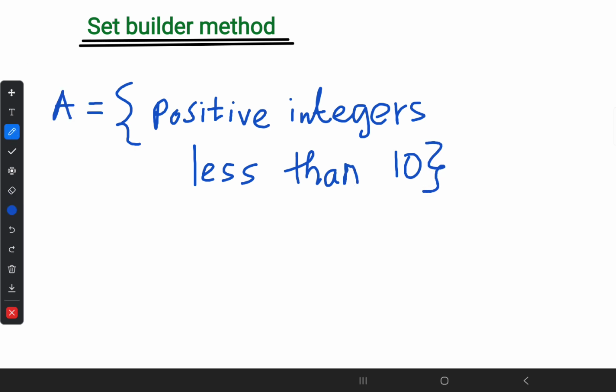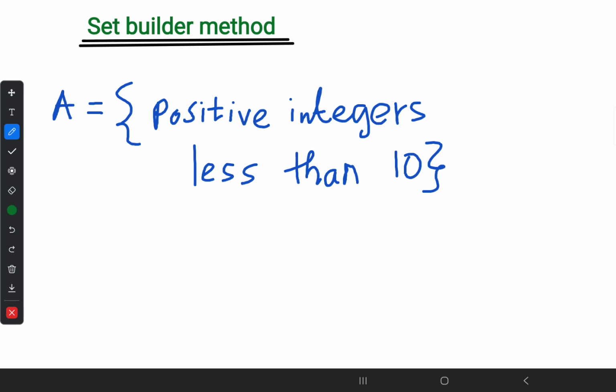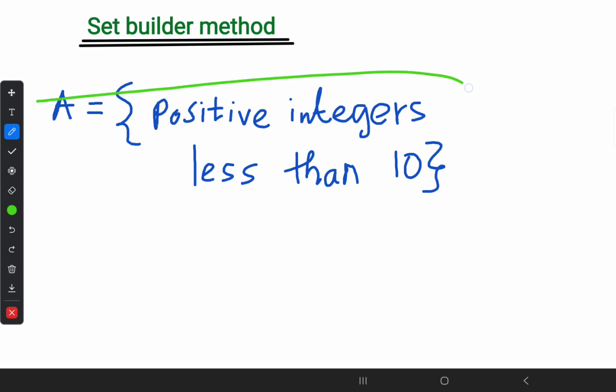You can use a simple notation to denote this whole thing. In words we denoted something like this: A equals, inside curly brackets, positive integers less than 10. So instead of writing this whole set, you can use a shortcut method.